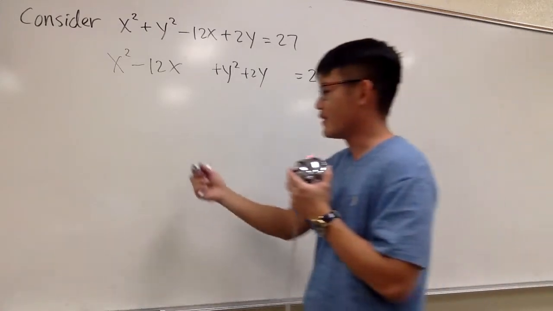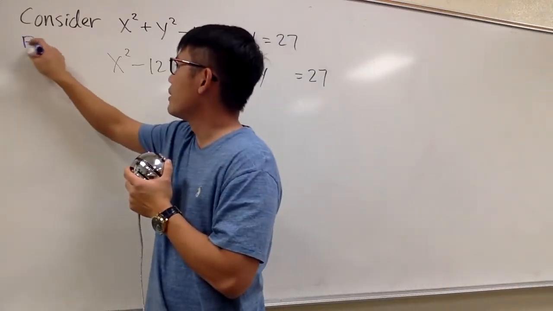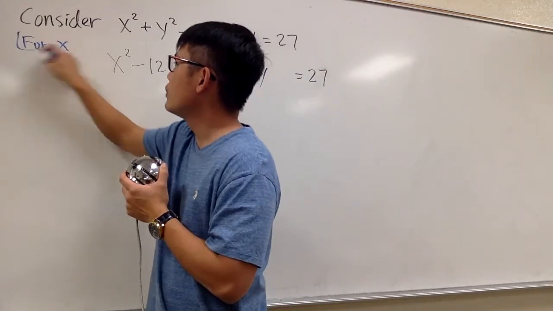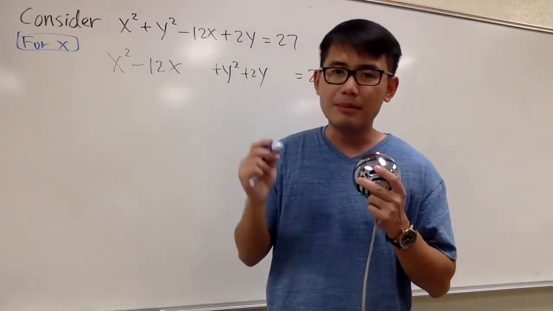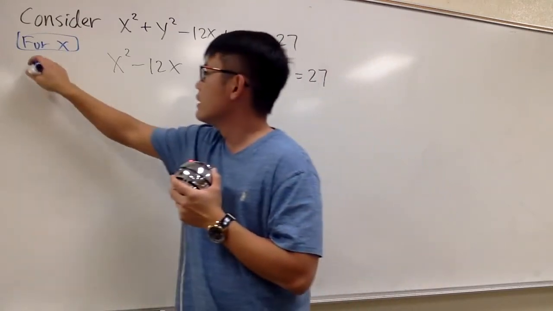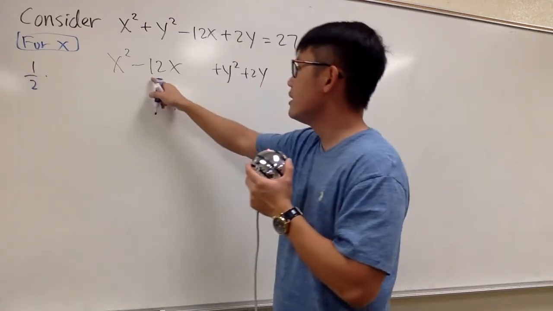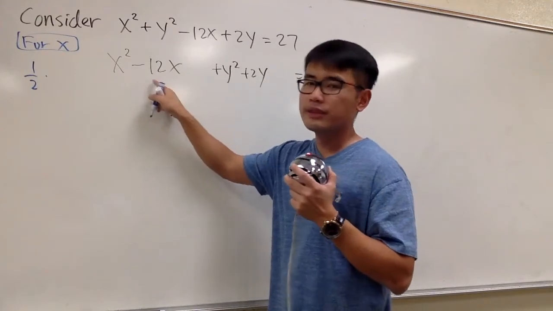And let's do this first for the x. Right here, I want to remember how to find that magic number. It's 1/2 times the b value, namely the number in front of the x, in this case, which is -12.